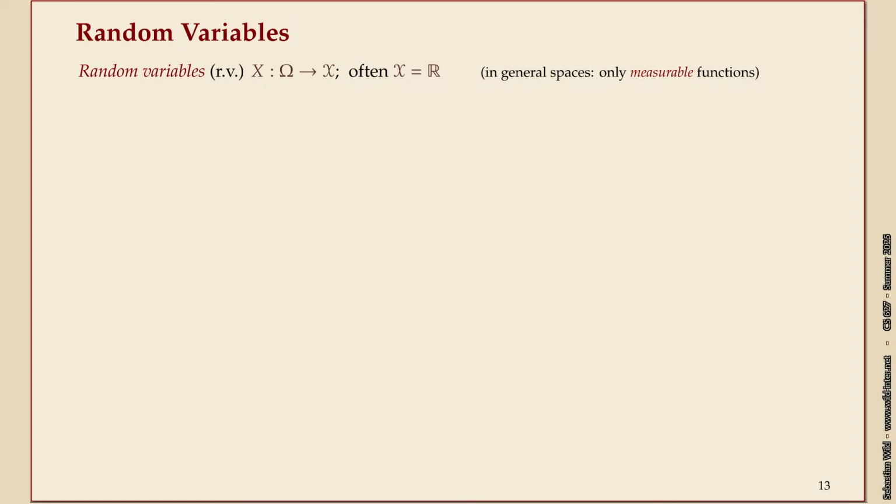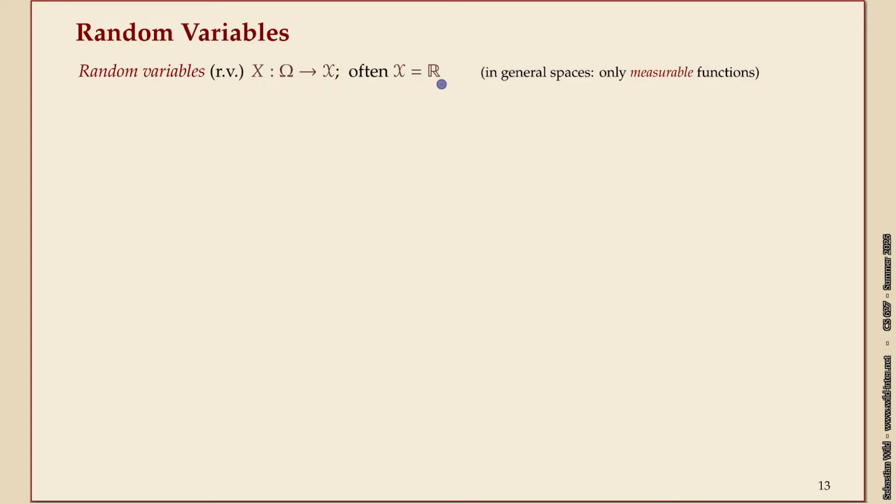And we've defined events, which are really the things that we can assign probabilities to. Things really get interesting once you talk about random variables, which are functions mapping these elementary events to some other universe. It could be anything. Oftentimes we think of it as numbers so that we can compute with these.